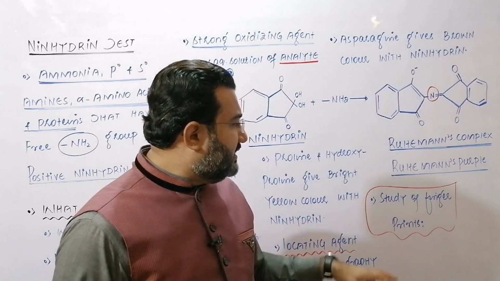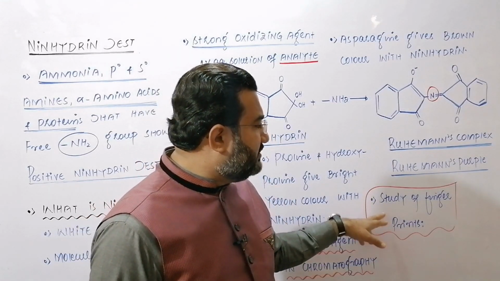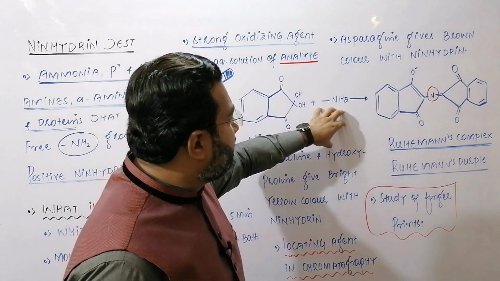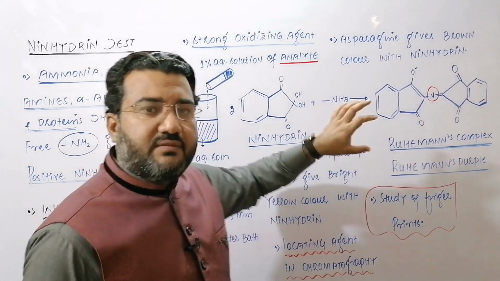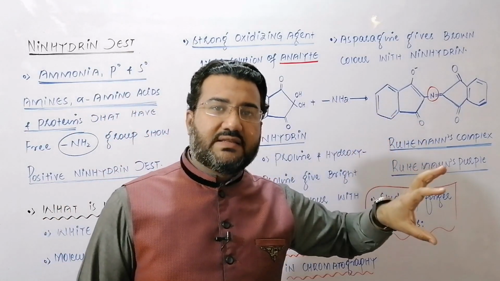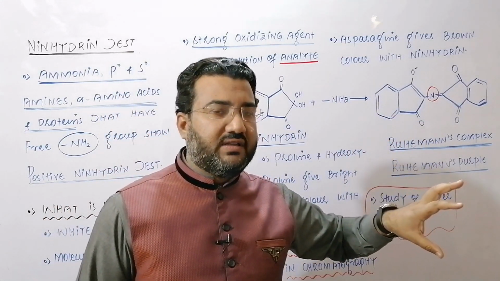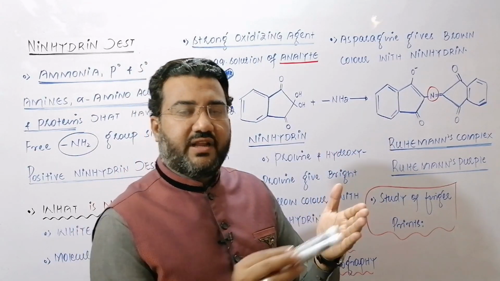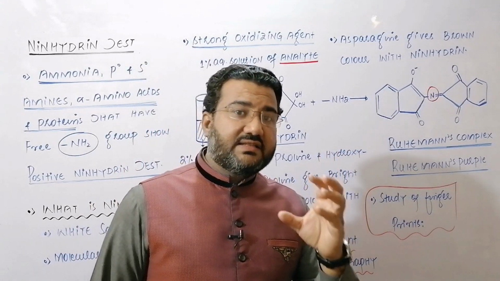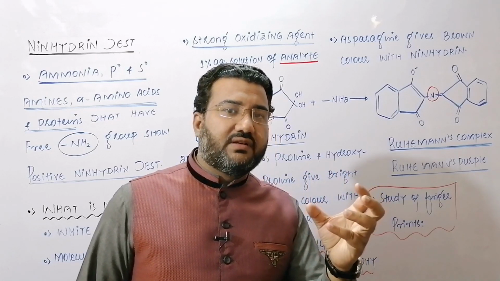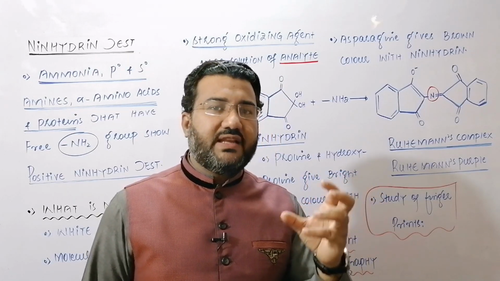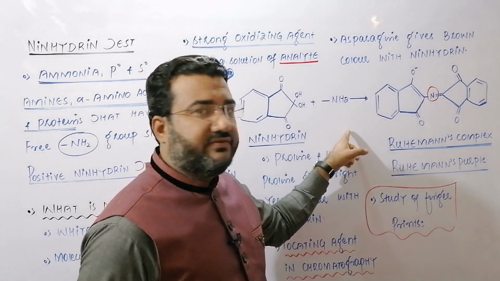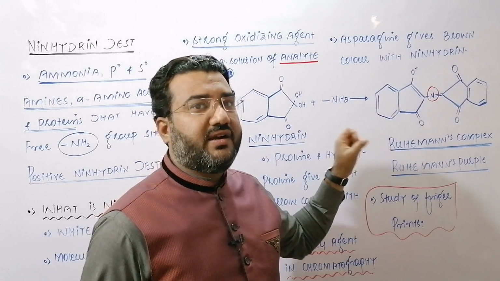And my dear students, the same ninhydrin solution is also used in the study of fingerprints. When you place your fingers on any surface, some of the proteins having free amino groups are deposited from the skin of your fingertips. And these deposited or detached proteins with the free amino group can be detected on this surface by spraying the ninhydrin solution.